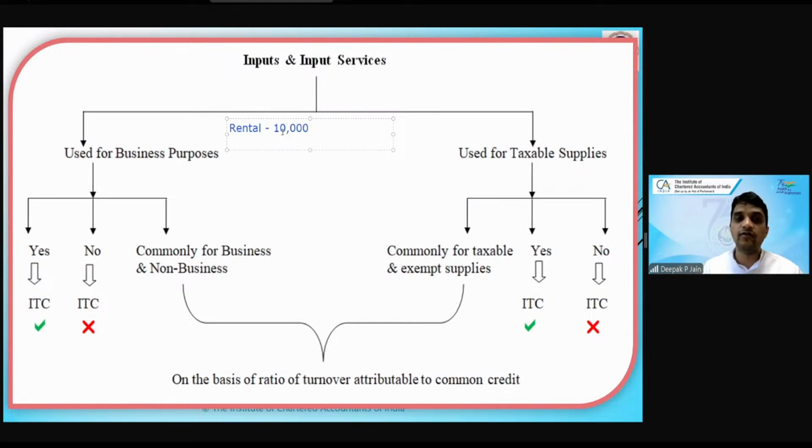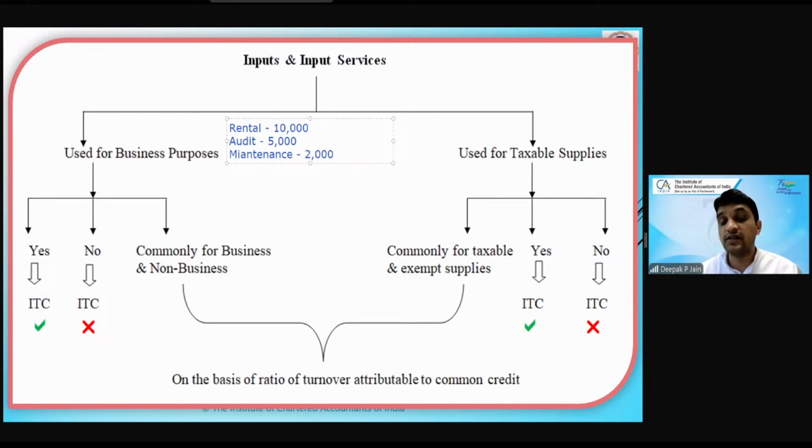Okay. And you have, say, audit services on which you have credit of 5,000 rupees. Okay. And you have some common expenses. You have maintenance expense for this office, which is 2,000 rupees.